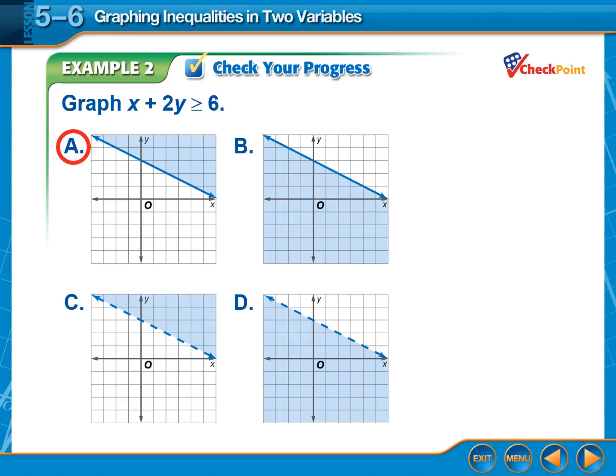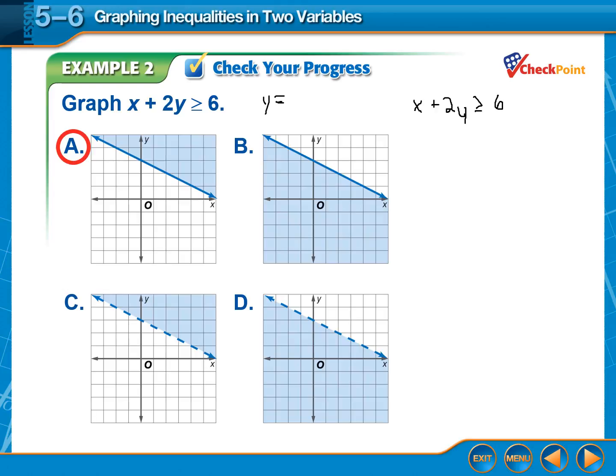If we take our inequality, x plus 2y is greater than or equal to 6, the first thing we need to do is rewrite it so that it's y equals everything else, right? Or y, in this case, is greater than or equal to everything else. So if I take x plus 2y is greater than or equal to 6, right, the first step is to move x to the opposite side.